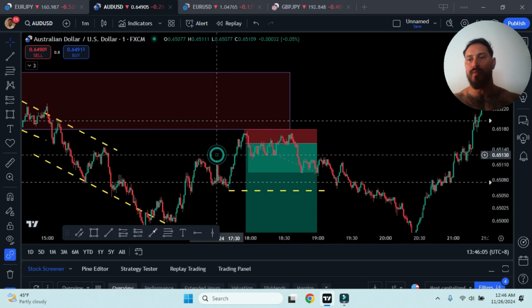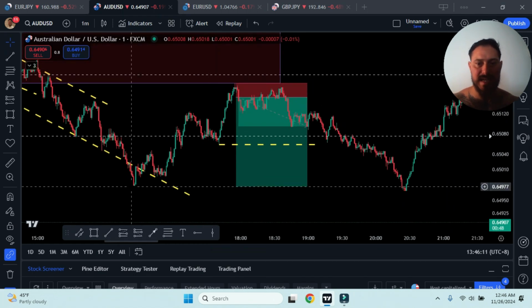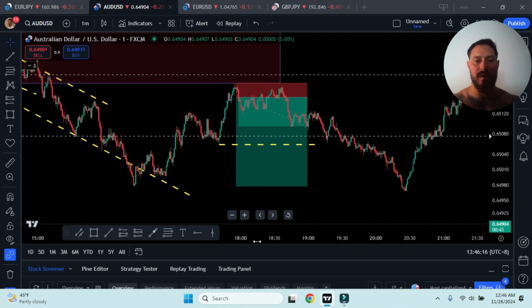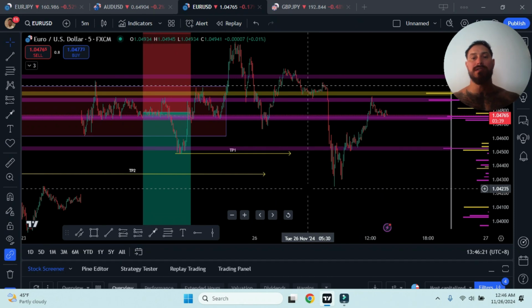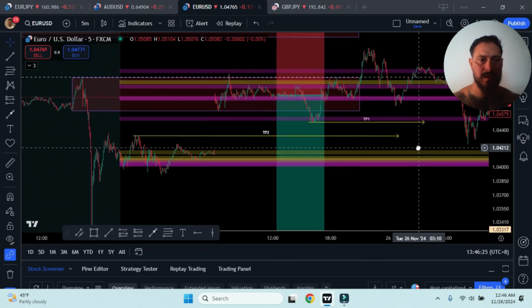So my smooth RR here is a 6.21. And it did in fact take out the lows, so I got a full win on this, which is a 6.21 R. Euro USD, I took 2 losses, and I had the opportunity to take profits on one of the positions.